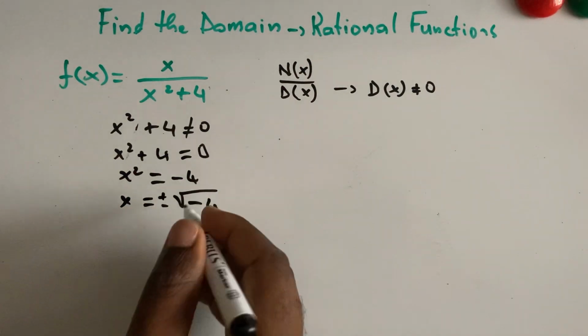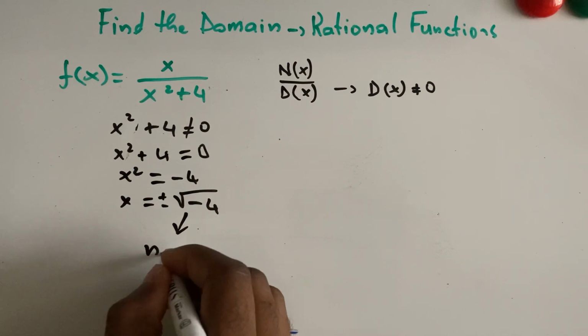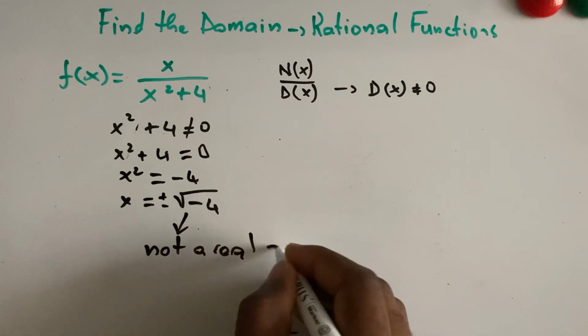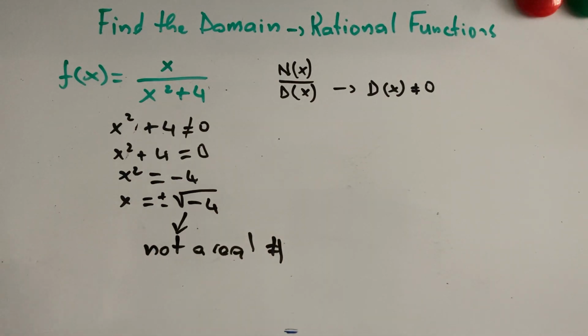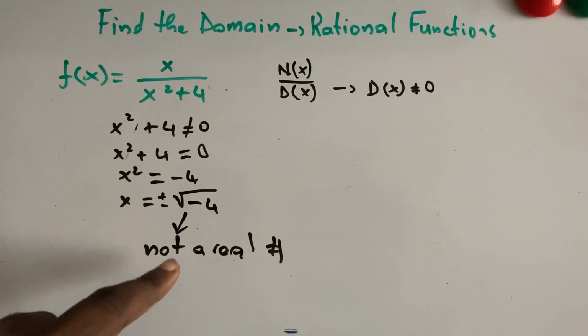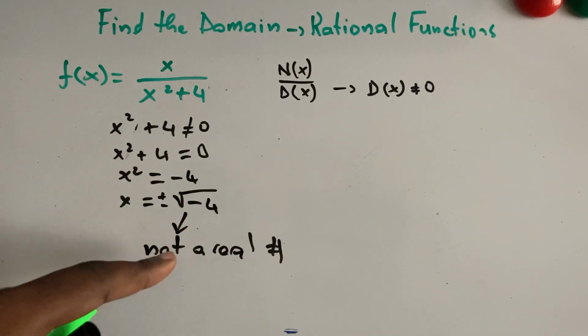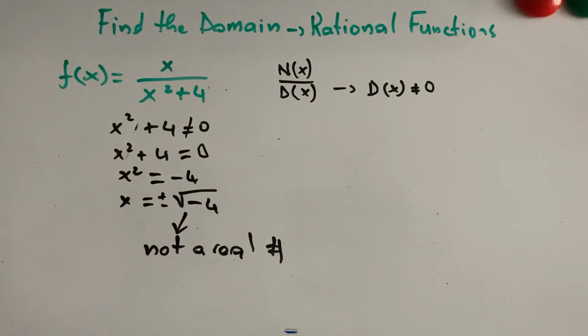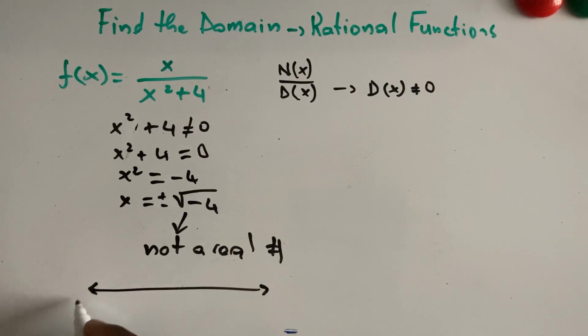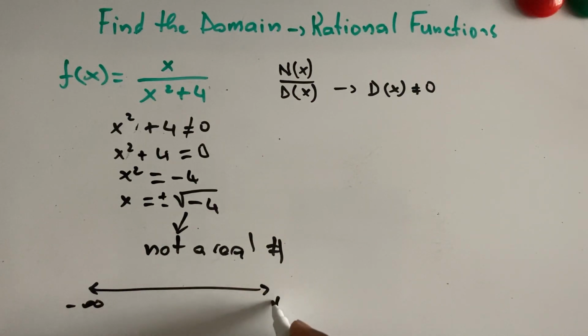In this case, this is not a real number. What does that mean? That means you cannot find a real number to reject from the number line. The number line starts from negative infinity to positive infinity, and you have nothing to reject.